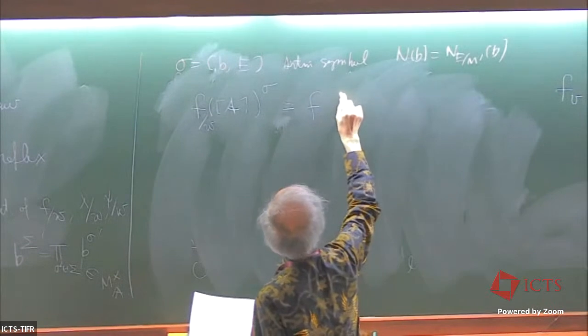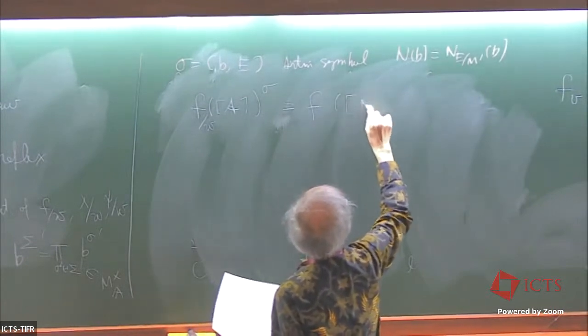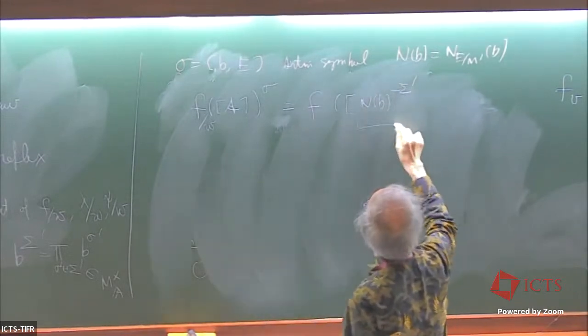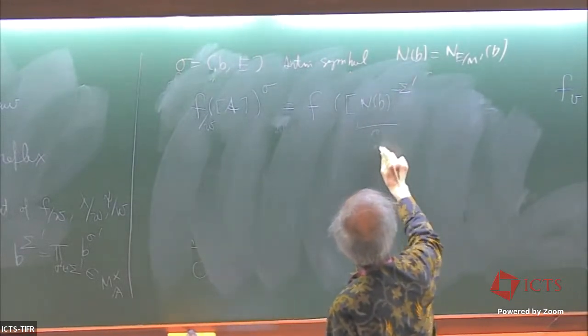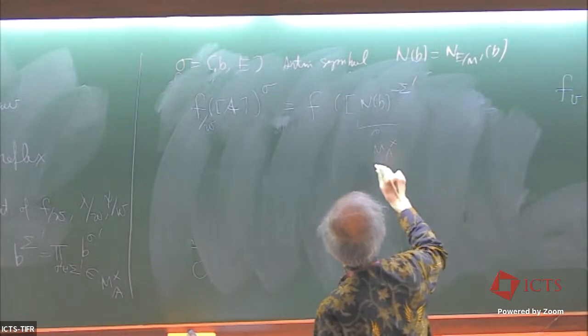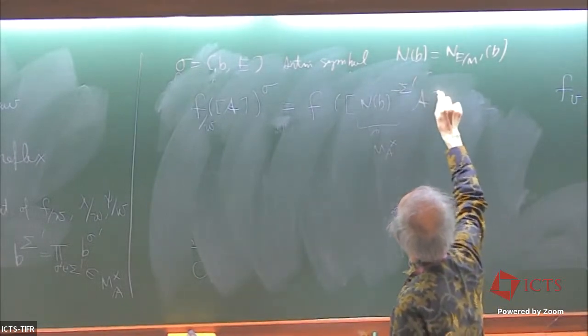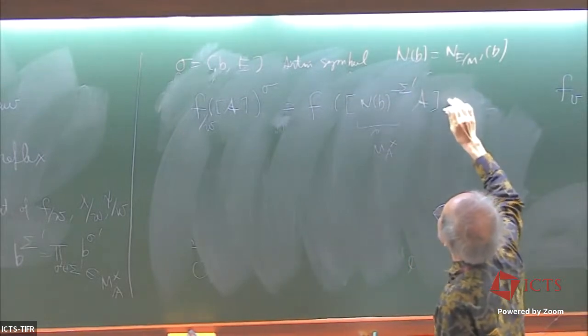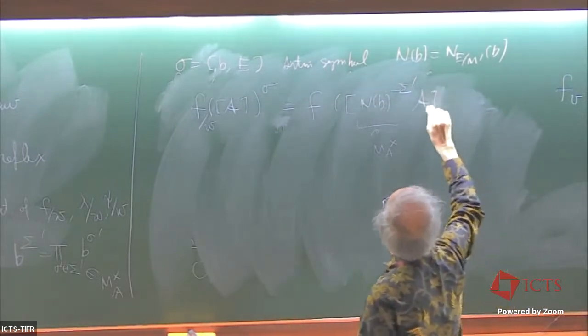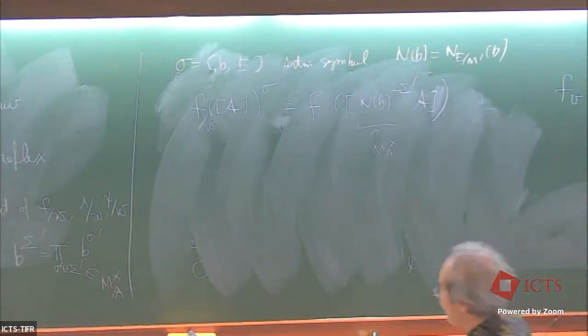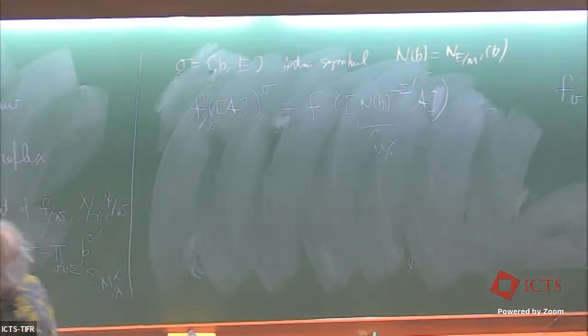F of the norm of B to the minus sigma prime. This is in MA cross. Okay, so you can apply it to the ideal A in M. You get this. So this is Shimura's reciprocity rule. This tells immediately the fact I want.